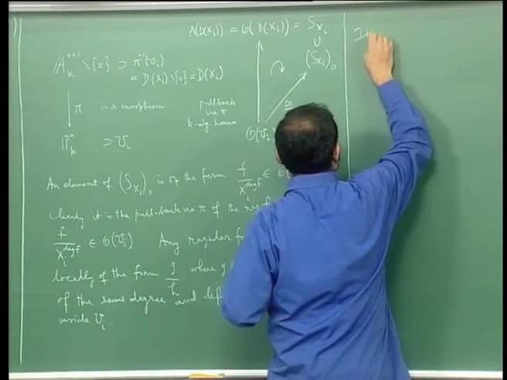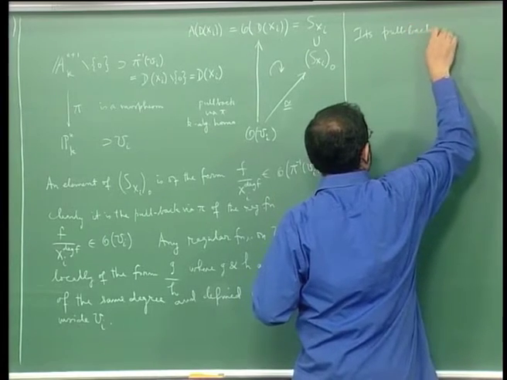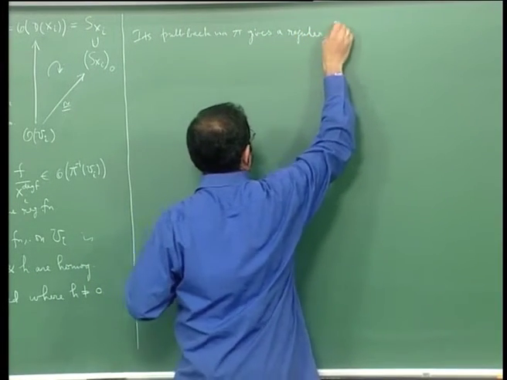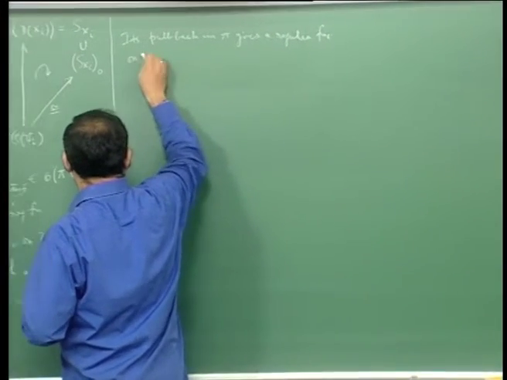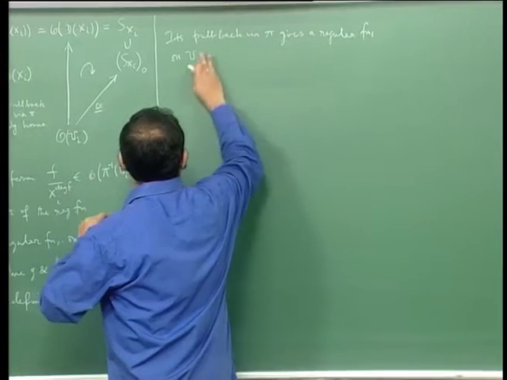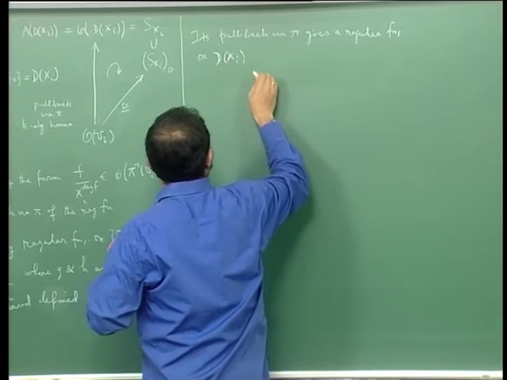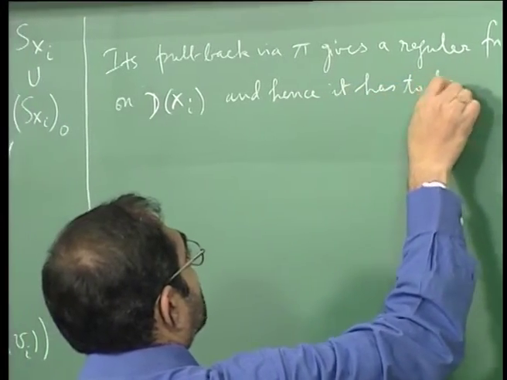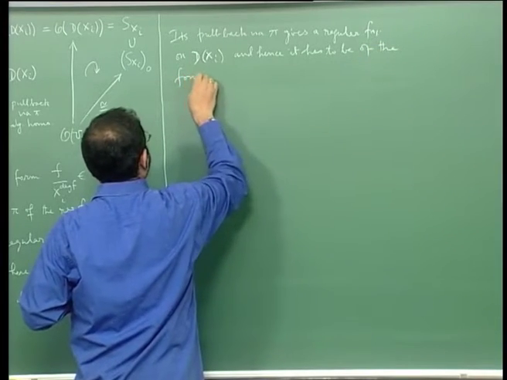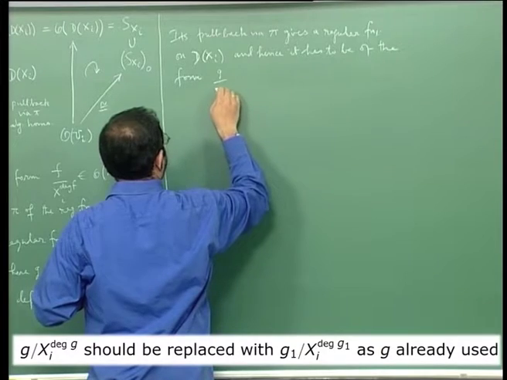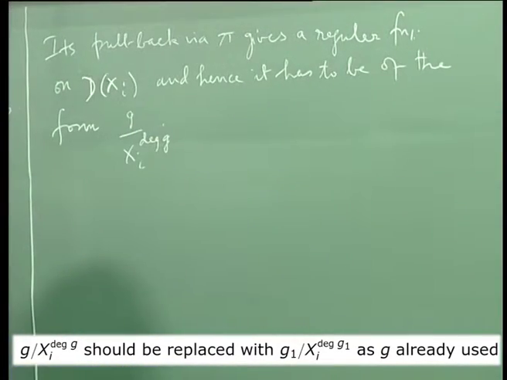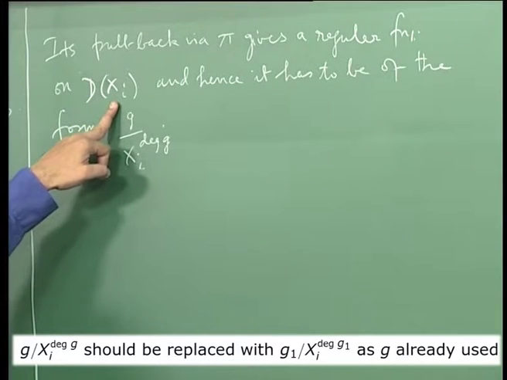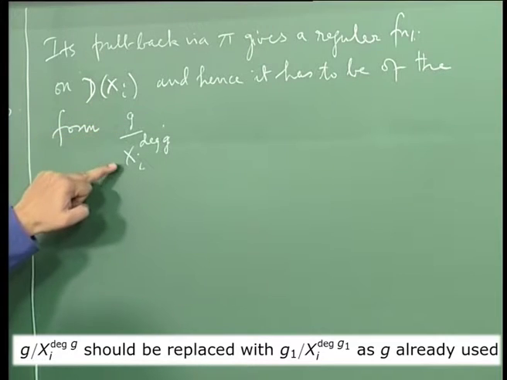See, its pullback via π gives a regular function on D(xi), and hence it has to be of the form g by xi to the power of degree g, because the regular functions on D(xi) have to be of the form g by some power of xi.